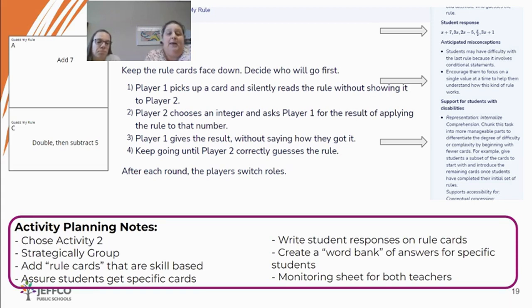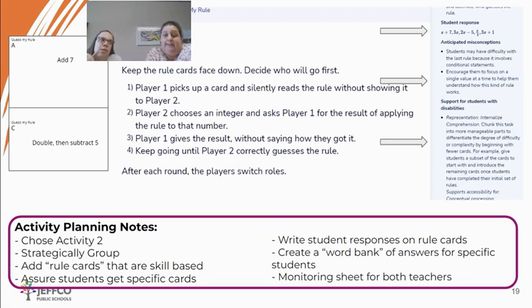Lastly, I thought we have the student responses. Let's create a word bank of answers for students. When I brought this up to Stephanie, you go ahead when we talked about the word bank.